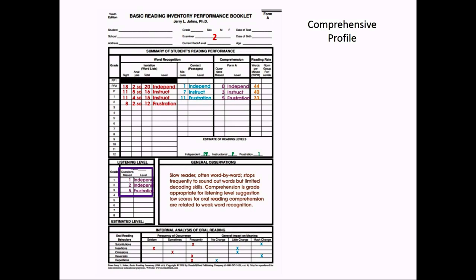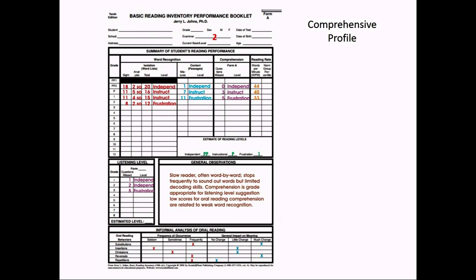So this test basically is qualitative, but it's much more qualitative. It allows you to do a variety of different kinds of things and analyze the reading several different ways. So you end up with a lot of qualitative information rather than quantitative scores.